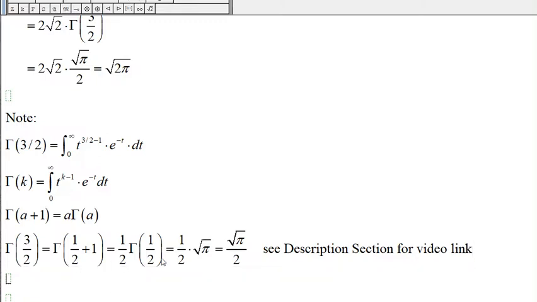See the description section of this video for the link. And therefore gamma of 3/2 will be 1/2 times the square root of pi, which is the square root of pi over 2.